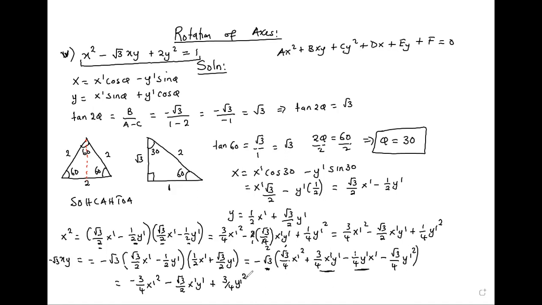So what we've done is we added this first and got 2 over 4, which is half. So we got half x prime y prime. Then multiplied by the negative root 3, so I have to get negative root 3 over 2 y prime x prime, like that.